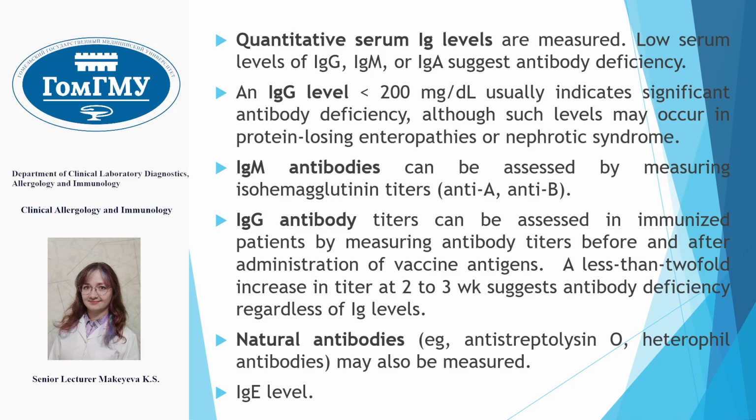IgM antibodies can be assessed by measuring hemagglutinin titers, anti-A and anti-B. IgG antibody titers can be assessed in immunized patients by measuring antibody titers before and after administration of vaccine antigens. Natural antibodies may also be measured, for example, antistreptolysin.